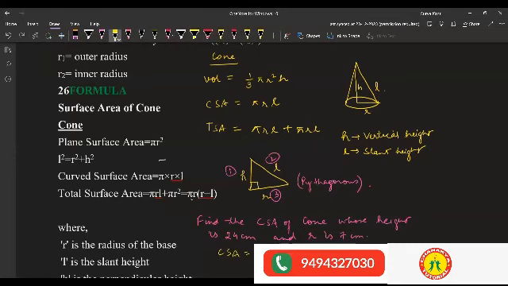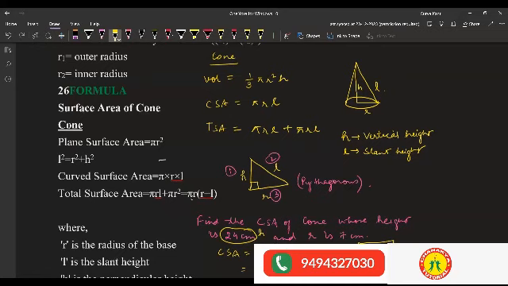CSA formula is pi r l. So l we don't know. This part is h. If you find l by Pythagoras theorem, you will get 25. Got it? l is equal to 25. If you don't know Pythagoras theorem, those who don't know, just ask me.